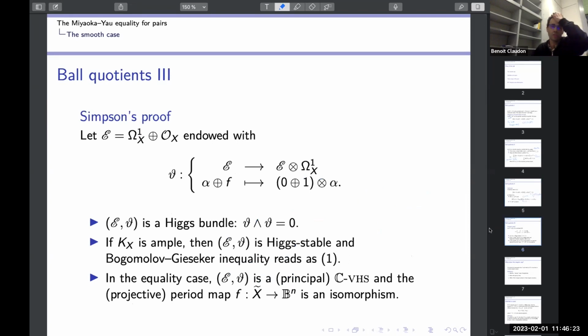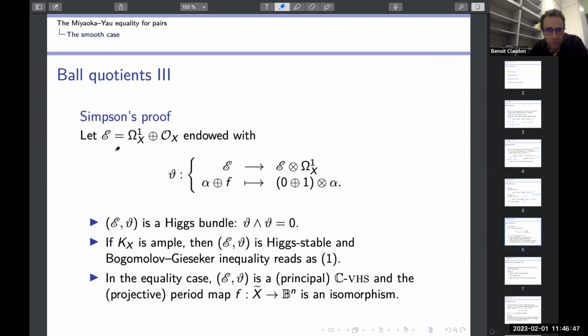Okay, so I just want to give a second proof of this characterization of the equality case in the Miyaoka-Yau inequality. It appears in the works of Carlos Simpson.